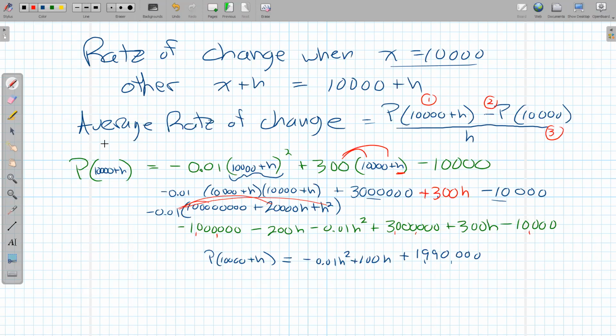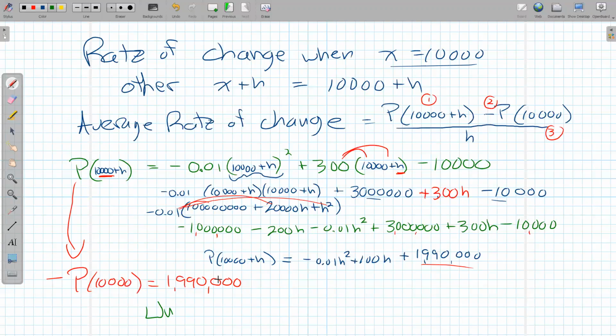Well, that is lovely. That works out nice. So in red here, I just calculated P of 10,000 on its own. And I guess that makes sense, given that the 10,000 is part of that calculation up there. It's just 1,999,000. And we are subtracting this from that there. So that's going to kindly go away. So now we have our numerator.